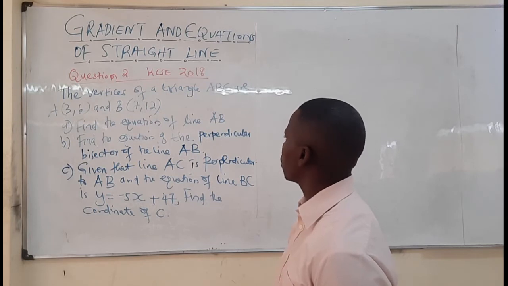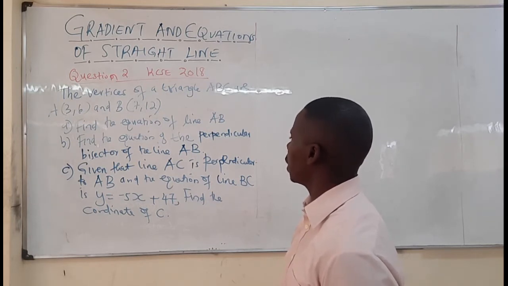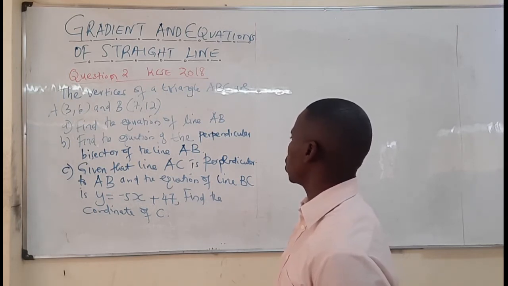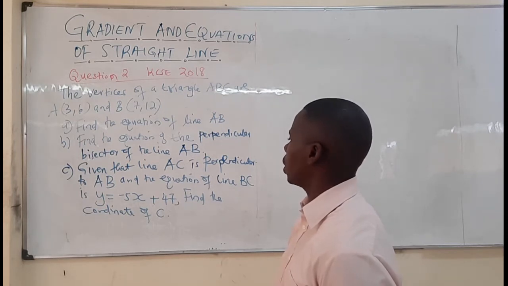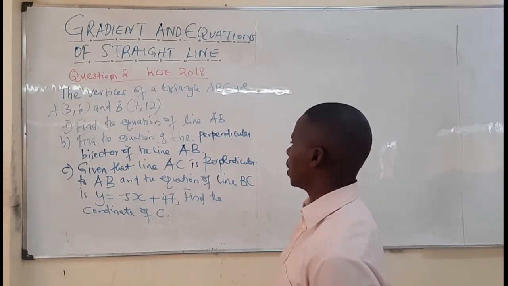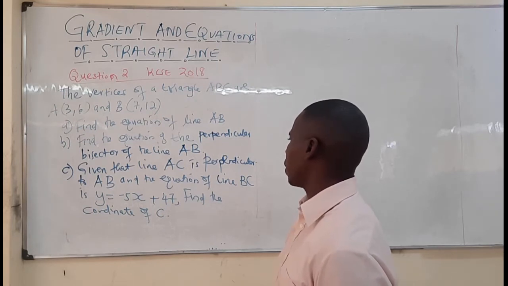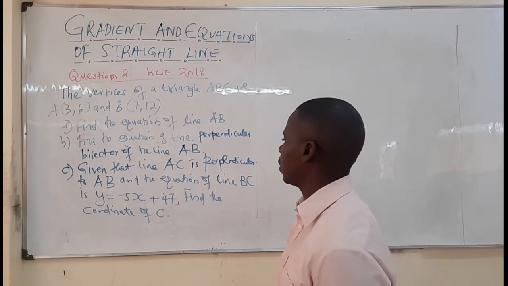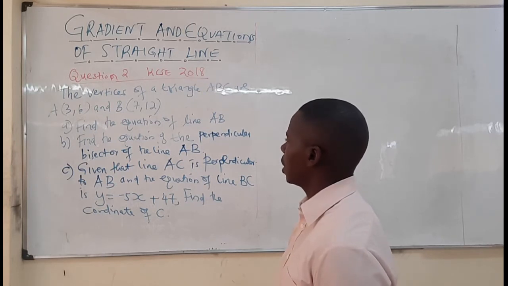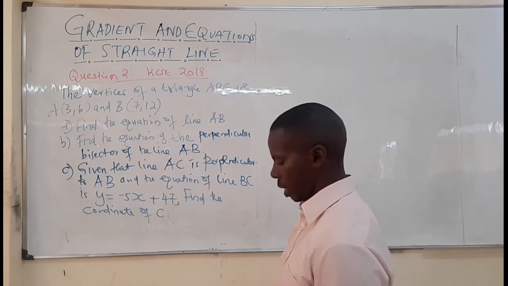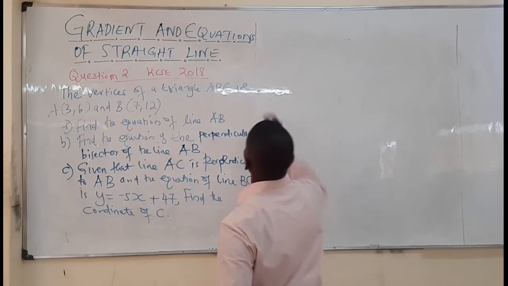In B, find the equation of the perpendicular bisector of the line AB, given that the line AC is perpendicular to AB, and the equation of line BC is y equals minus 1x plus 47, then find the coordinates of C. So let's start with the first part, part A.